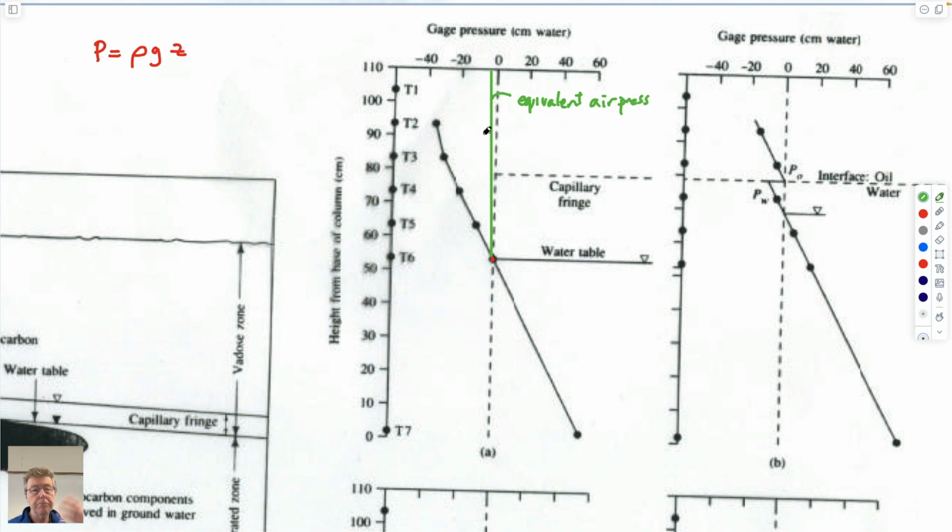Same as you feel as you go up in an airplane or up a building. So almost vertical. And so by definition, this would be the capillary pressure, PC, which defines the saturation.